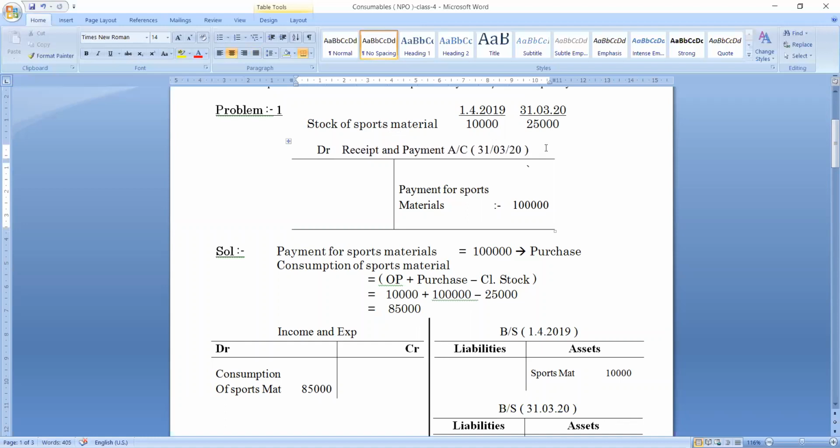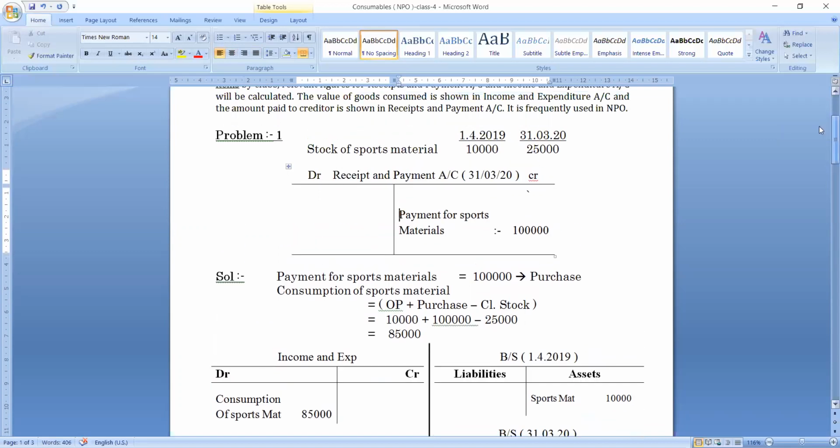Payment for sports material is 1 lakh rupees. This payment is done within that accounting year, that's why it will be shown on the payment side as 1 lakh rupees.